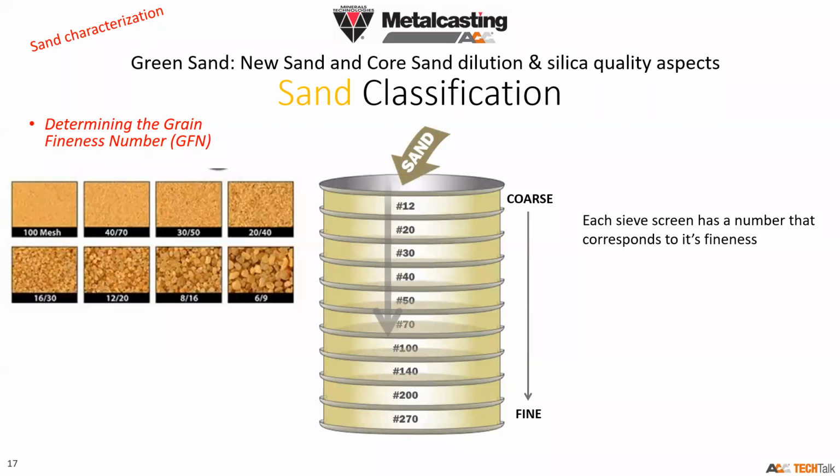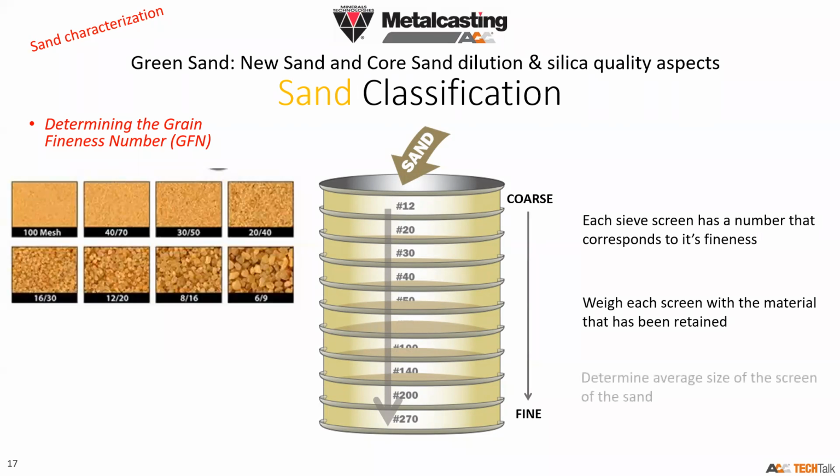If we put sand on top of the sieves, you have a sieving effect. The weight of the material retained on each screen defines the proportion at each level, and that allows us to determine what we call the grain fineness number and the average size of the sand tested.